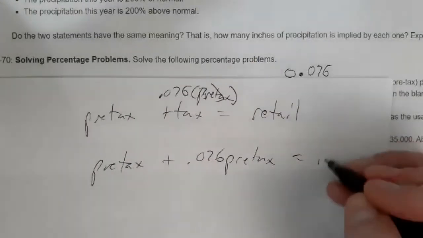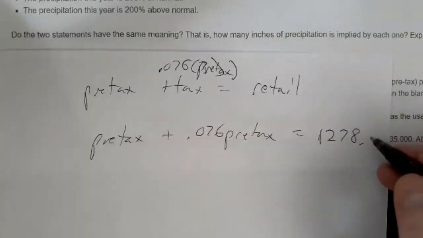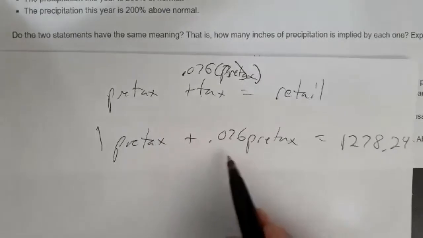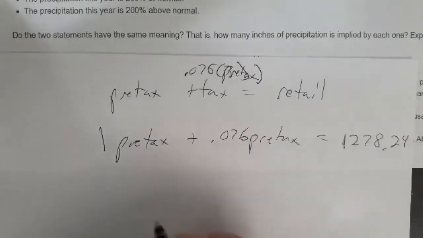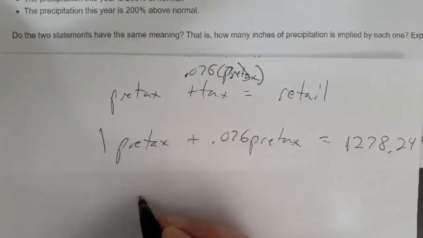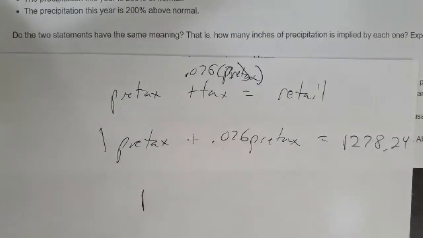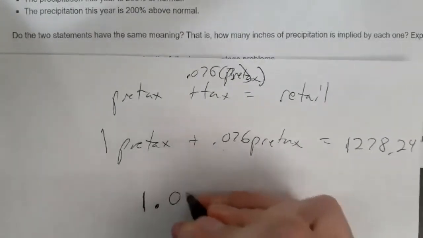So I think you're going on the right steps. So 1278.24. Trying to get people to combine this thing. If I have one of them and I'm adding another 7%, how much is that? This was going back to that first page. If I have 100% of something and I'm increasing it by 7.6%, I have 107.6%, right?